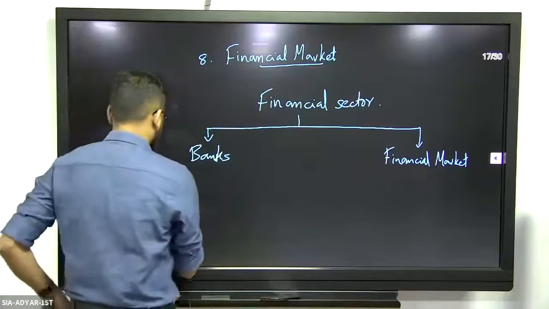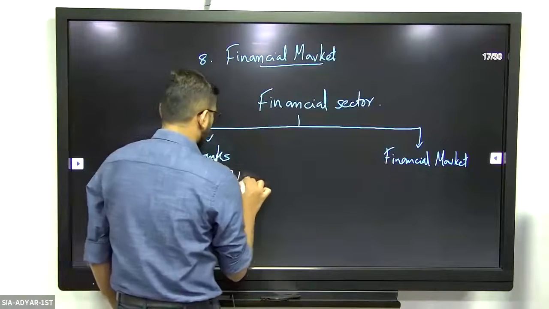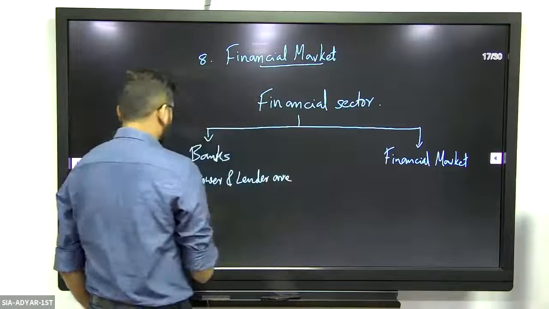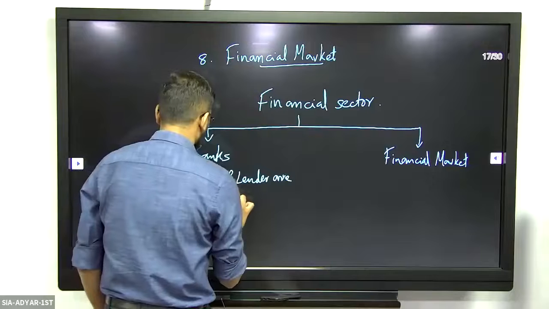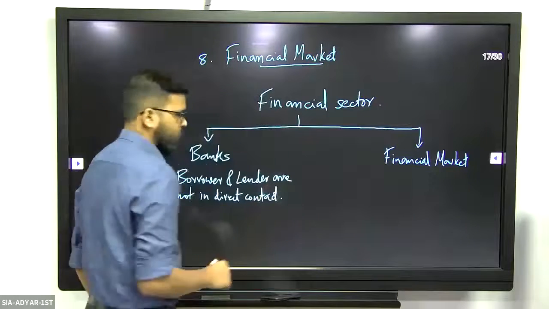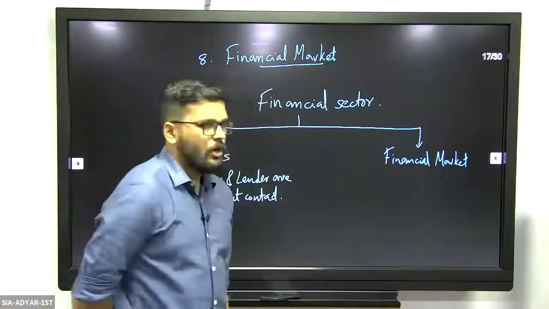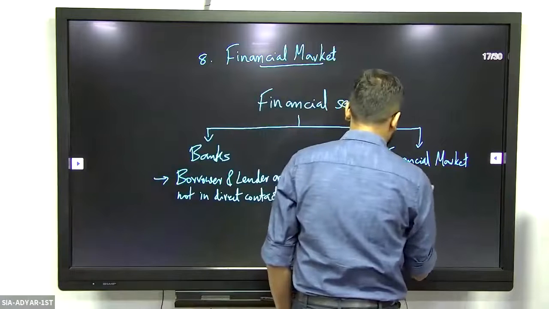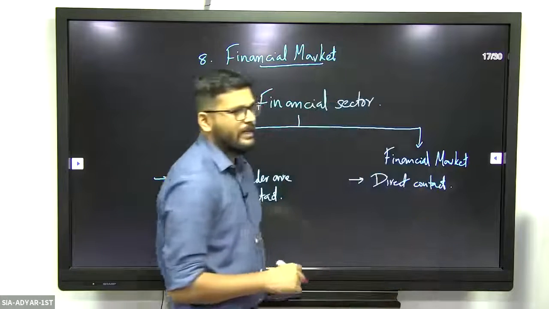In a bank, borrower and lender are unaware of each other, not in direct contact. In the financial market, the borrower and the lender are directly in contact.